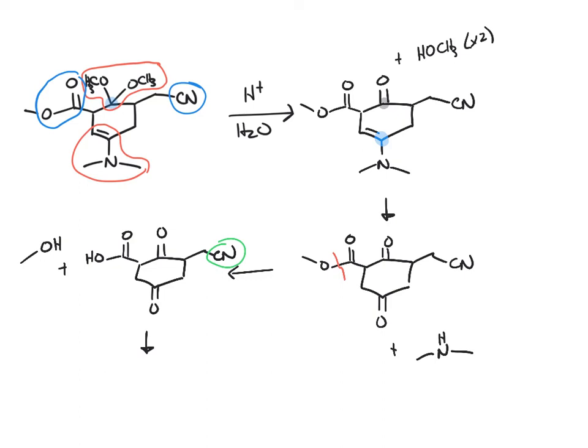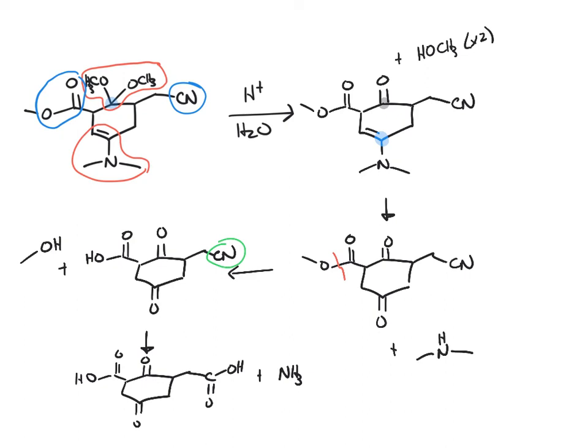Just like all of these other things that fell off, you just add enough hydrogen to give it its requisite number of bonds. So there's the nitrile carbon, that becomes the carboxylic acid. The nitrogen, this becomes NH3.